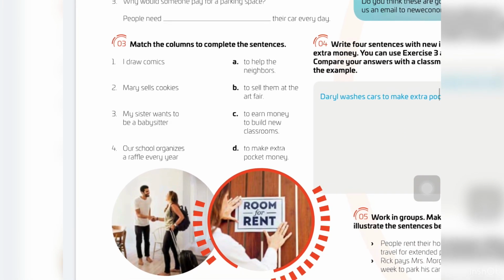In number 3, A, match the columns to complete the sentences. We have 4 sentences and 4 options. You are going to link them, make a line, or create a different abbreviation, or any kind of way to connect each one of these sentences with just one of these expressions, just one. Good?